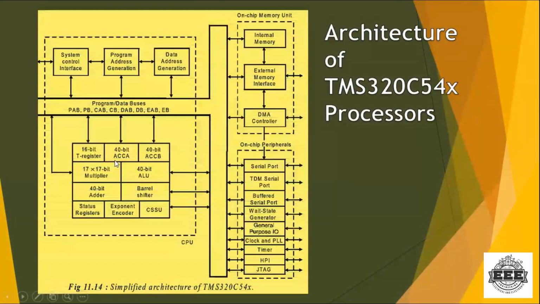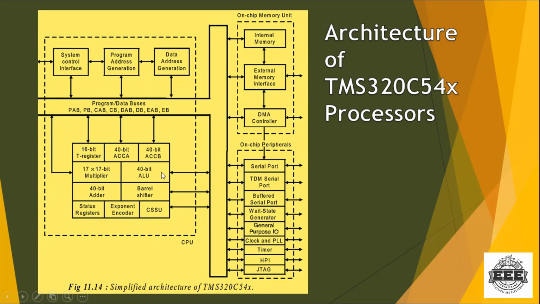Then we are going to see the architecture of the TMS320C54x processor. This is a simplified architecture of the TMS320C54x. You can see this dotted line shown here. This is one part, and the second part and third part. That is, this entire architecture is divided into three parts.